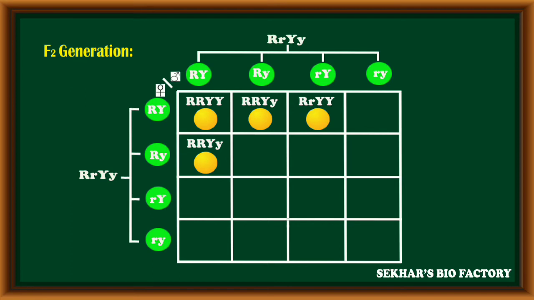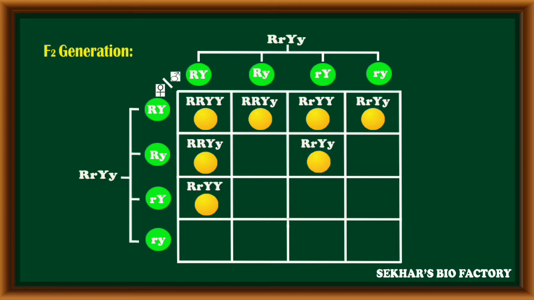The fourth combination, capital R small r, capital Y small y, also shows round yellow. The next combinations are also phenotypically round yellow.